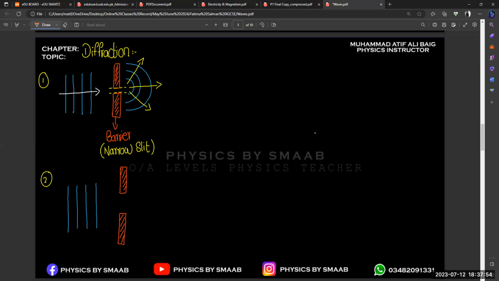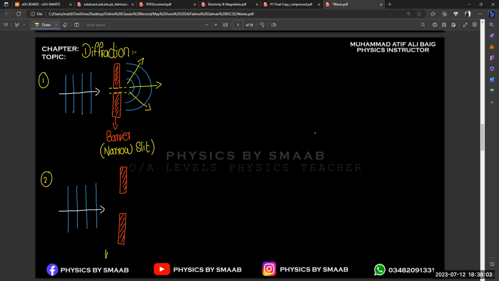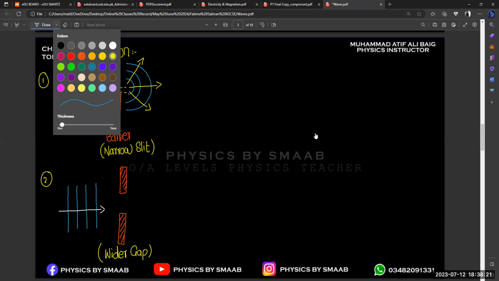And water waves are moving in the forward direction, again the same direction, with a wider gap between the slits. Now you observe that the distance between these two bars is greater than in the first diagram, right? So now the pattern of the wave will also be different, right?